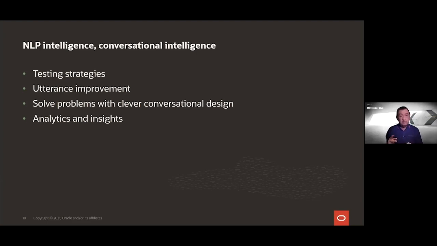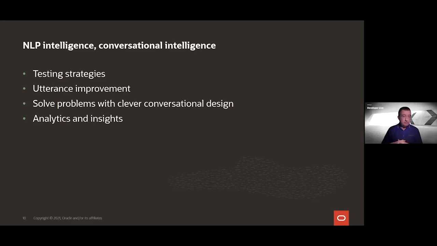Maybe there were two different intents. Now, somebody asked a question like, how do I change the persona avatar? And we weren't quite sure what it meant. Rather than trying to train the model to understand that slightly unusual use case, we would just use a clever conversational design technique, which was to respond with both. Because the user would very rarely complain that we gave them more information than they wanted. So sometimes not all problems were solved by improving the NLP.